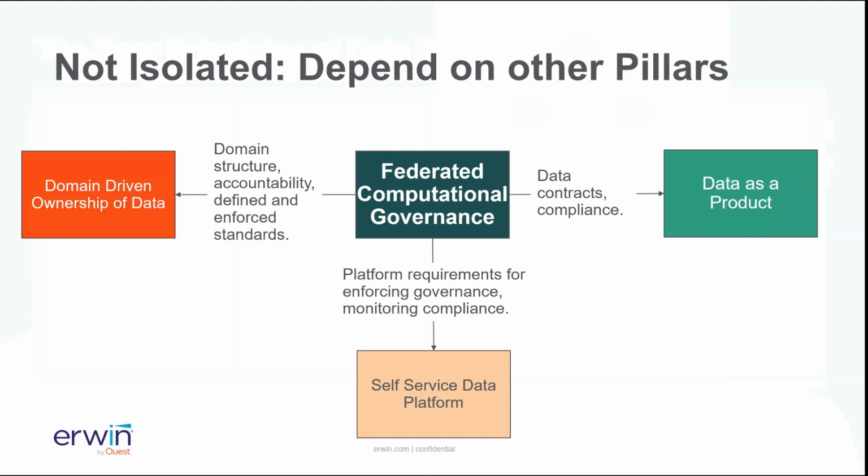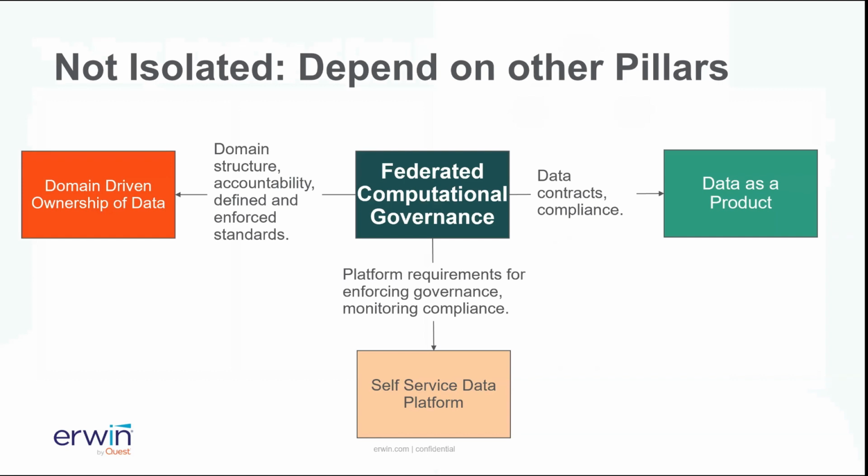In terms of data as a product, we're looking at data contracts. So having a clear definition of what the data product is, maybe having standards around what a data contract is, and enforcing compliance, so making sure that data that does come out is compliant with the standards that have been set. And then finally, because we are dealing with multiple teams, we wish to have as much automation as possible around that governance in place.